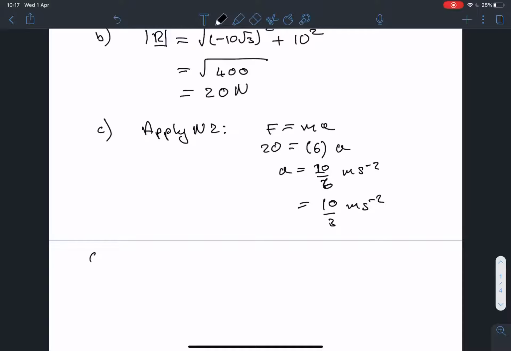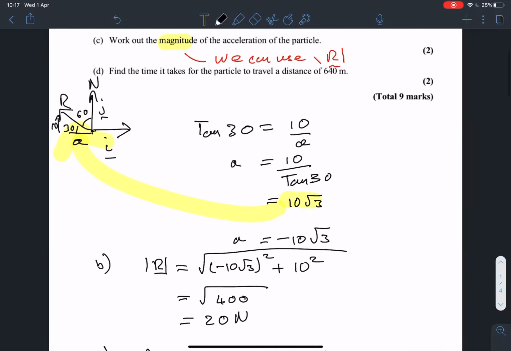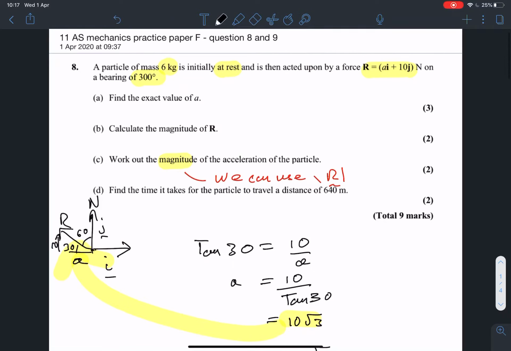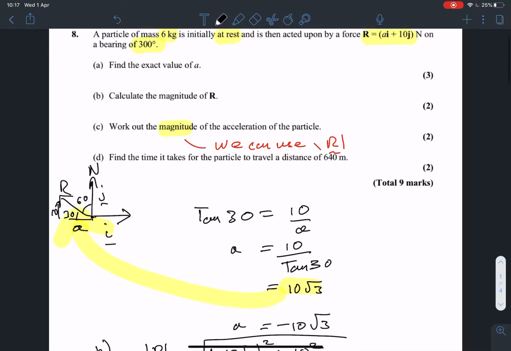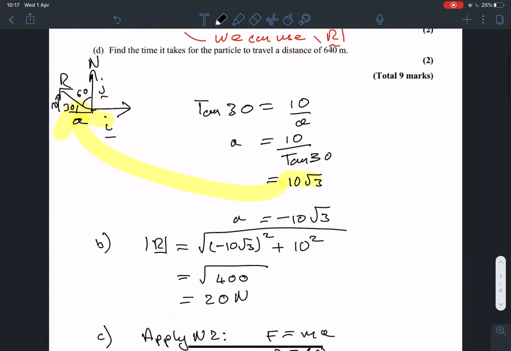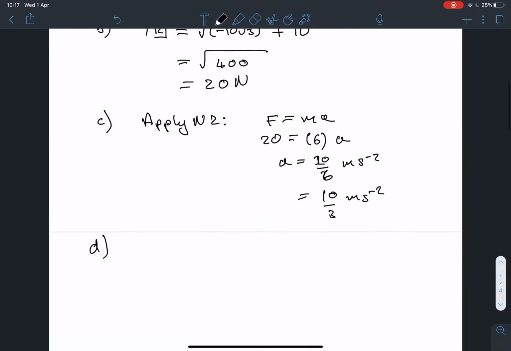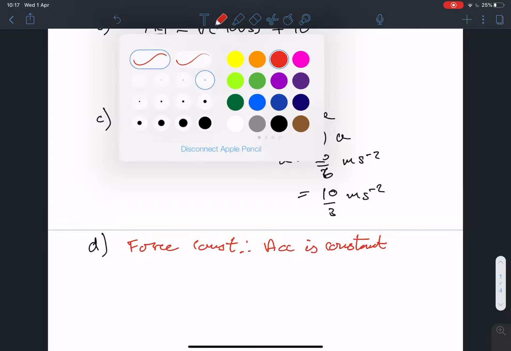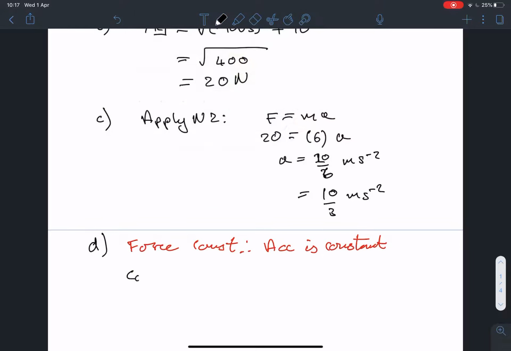Okay, part D says the time it takes the particle to travel a distance of 640 meters. So we've got to notice that the force is constant. Therefore, the acceleration is constant. So we're in a SUVAT context, constant acceleration.